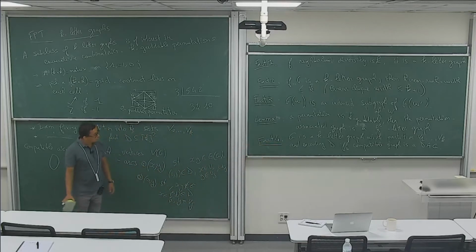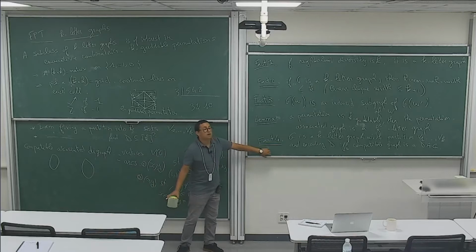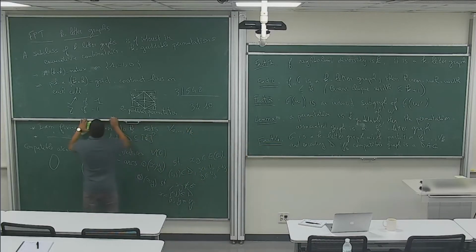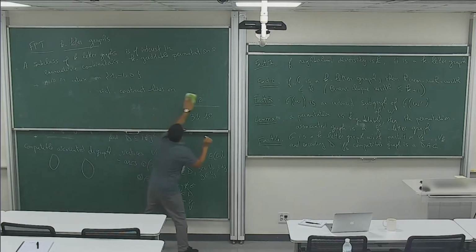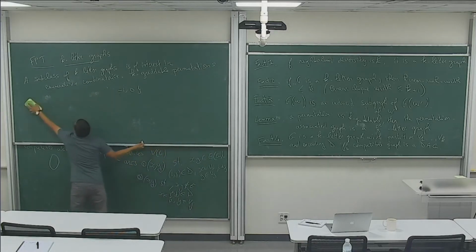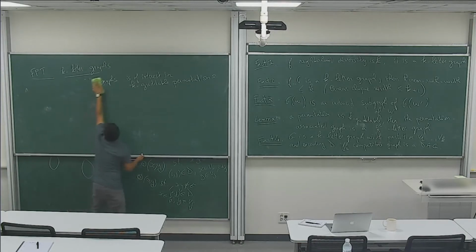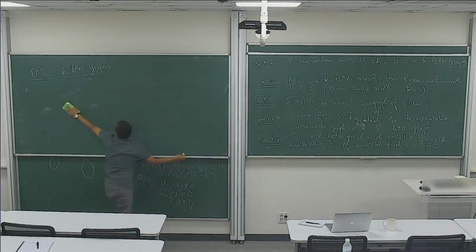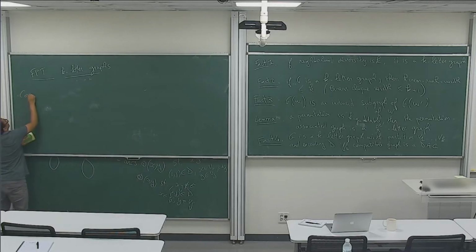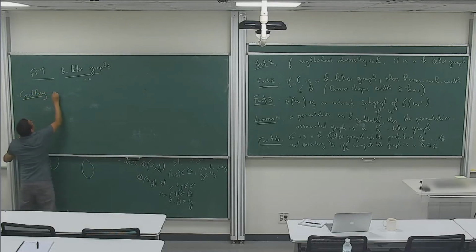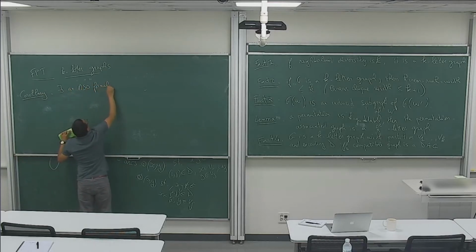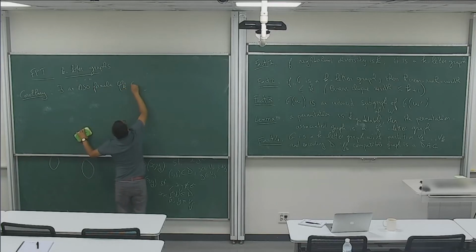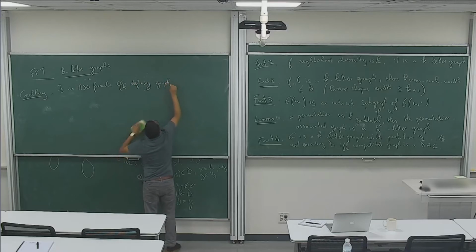Now what I'm going to use is again this formula. So a corollary of this: there is an MSO formula phi k defining K-letter graphs.